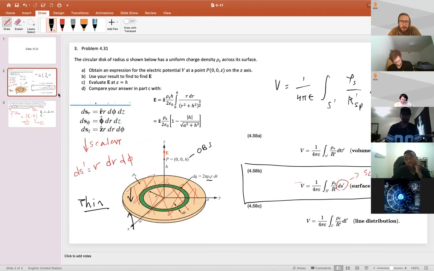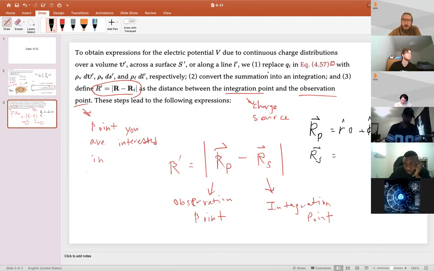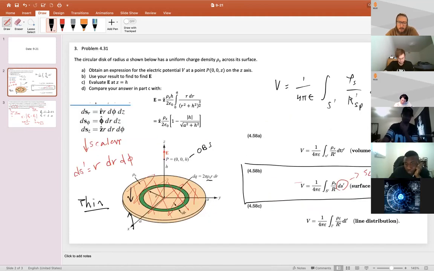Someone else, what about from the origin to the integration point, the point where the charge is? What should this be? AK, what do you think? I'm not sure. All right, if I go from the origin to any point on this disk, will it have an r magnitude?